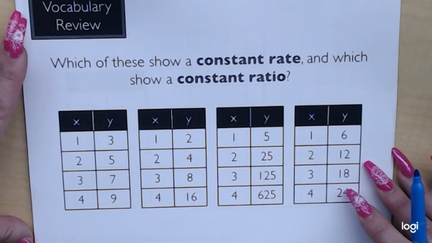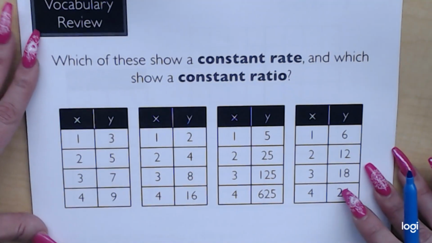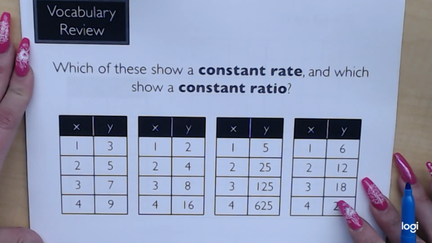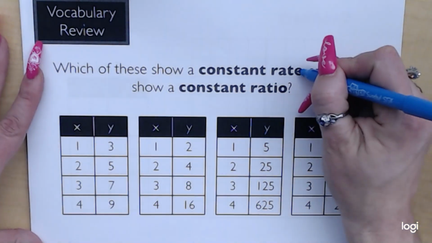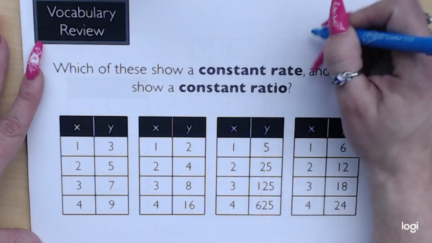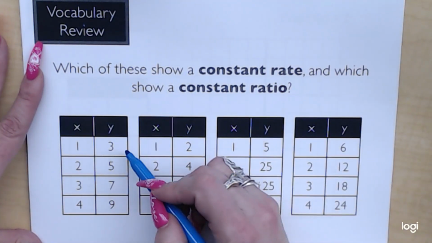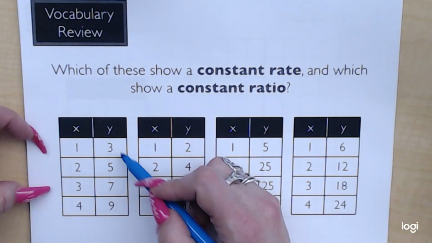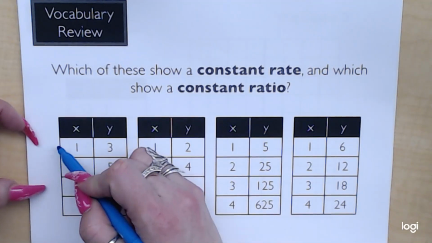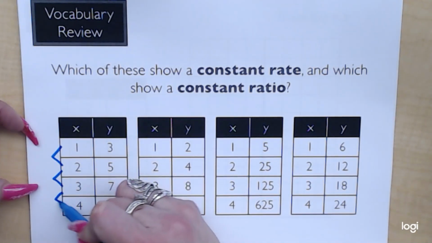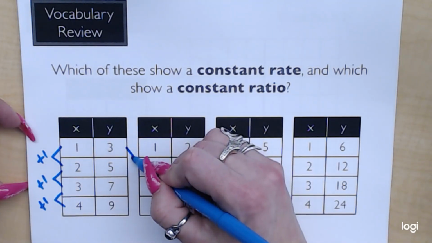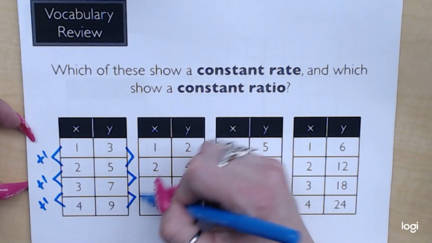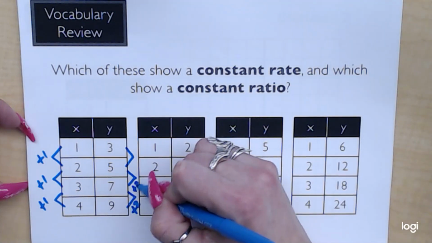So let's look at the difference between a constant rate and a constant ratio. A constant rate is something that we saw when we saw a pattern that was like addition. So for example, each time x increases by 1, y here is increasing by 2, plus 2, plus 2.